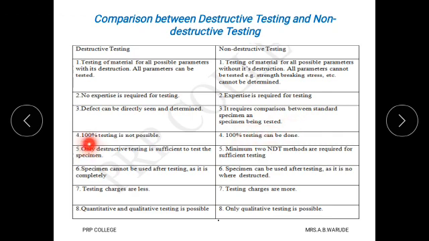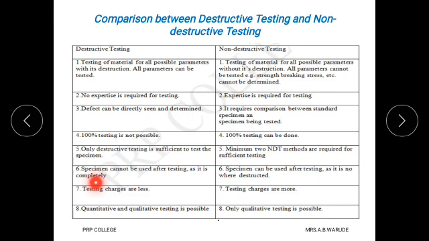Fourth, in DT method 100% testing is not possible, but in NDT 100% testing can be done. Fifth, only destructive testing is sufficient to test the specimen, and in NDT a minimum of 2 NDT methods are required for sufficient testing.